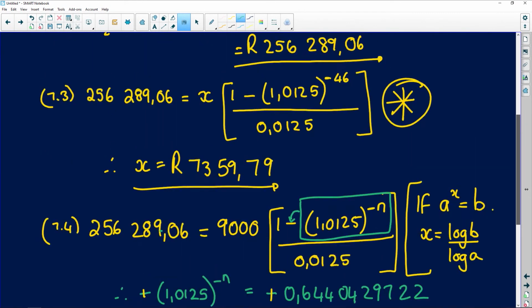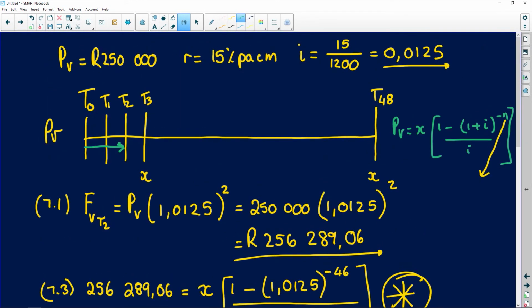If we go to our initial timeline, we know the following. We now know that this and that, you've got to be very wide awake in this question, is 9K. This is what he paid. Okay? The loan started running at this point over here.